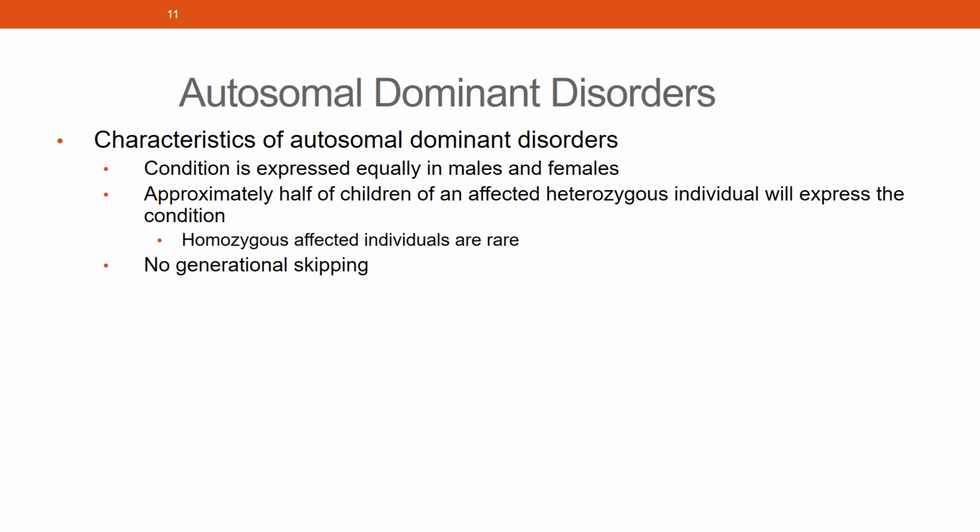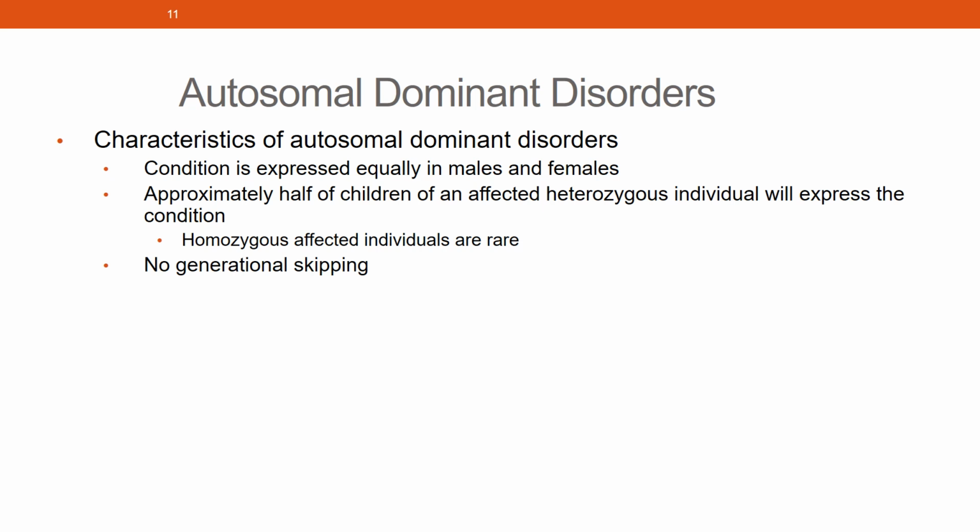Homozygous affected individuals are rare. To explain this, homozygous means they have two copies of the allele that is responsible for the disease, so the probability is fairly low.